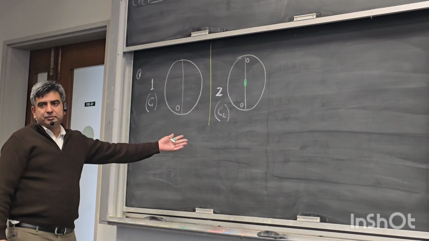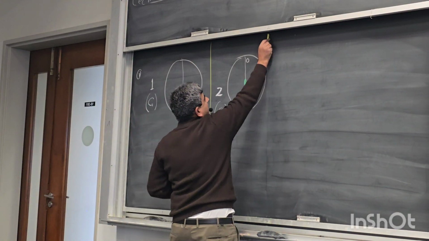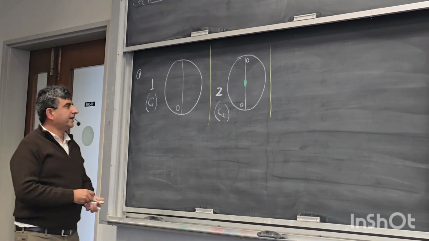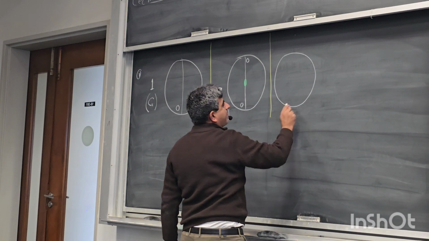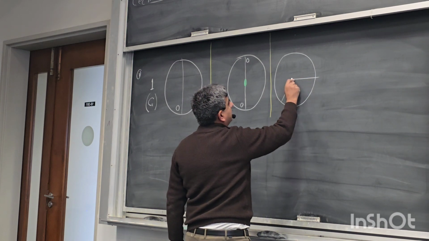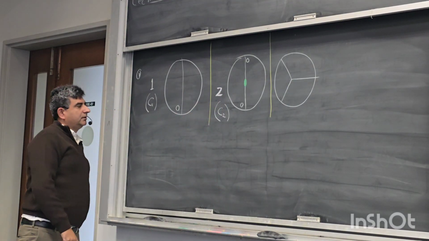And it is a cyclic group. Then you can have other cyclic groups as well. So now we have developed 2 point groups. Let's do the next one, which is a threefold rotation.